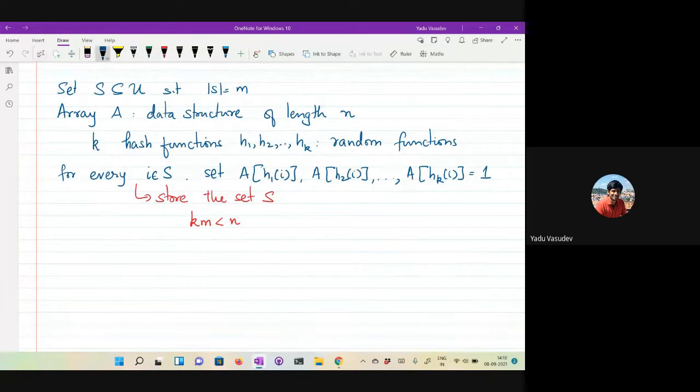Now, how do you search for an element in this array?